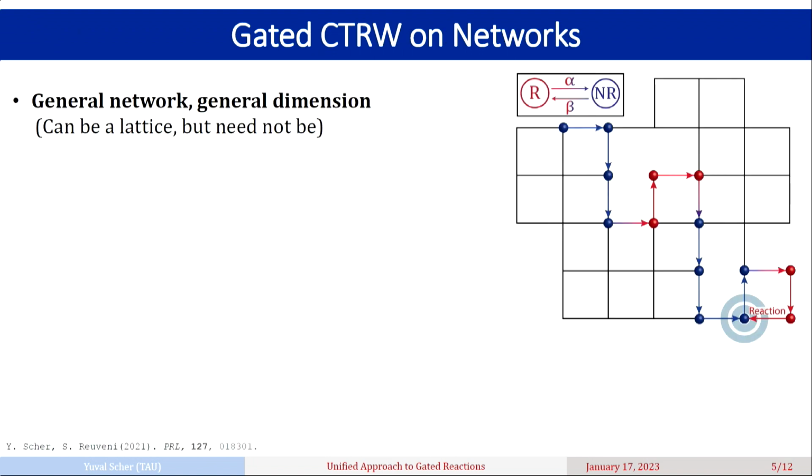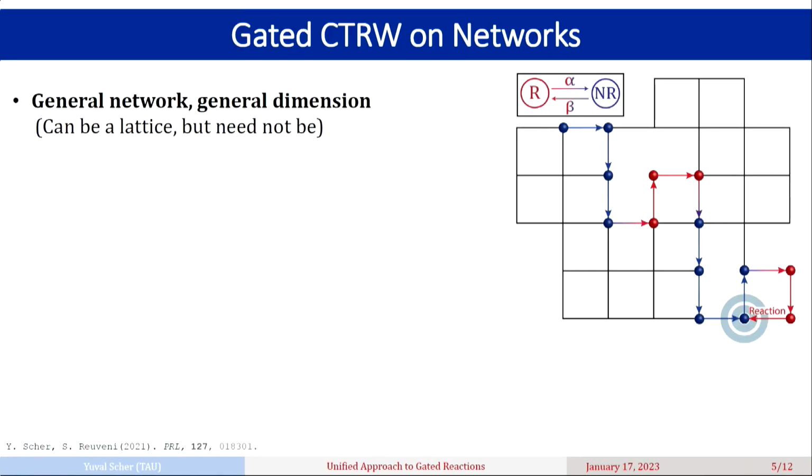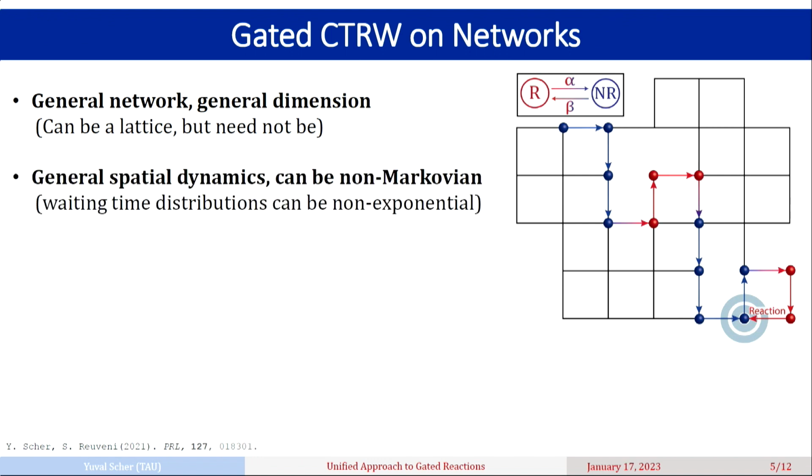And we started with CTRW, continuous time random walks. So we are in continuous time, discrete space. And these are essentially the rules of the game that we are postulating. You can have any network, meaning any dimension, any connectivity, and any spatial dynamics on that network.